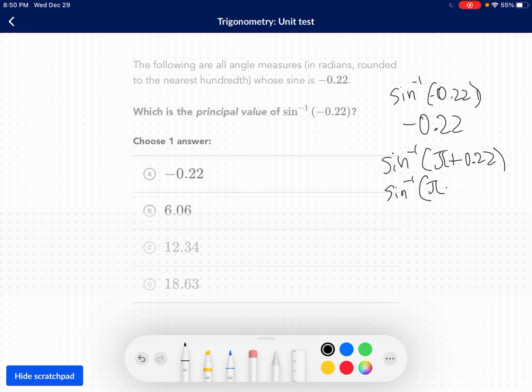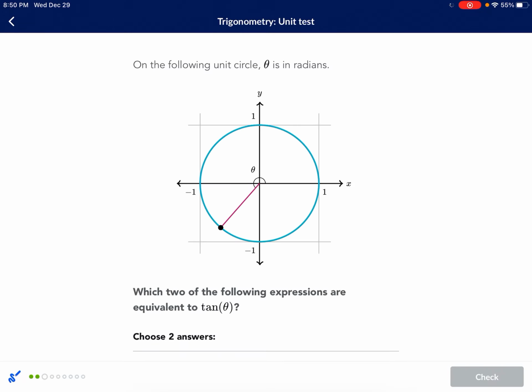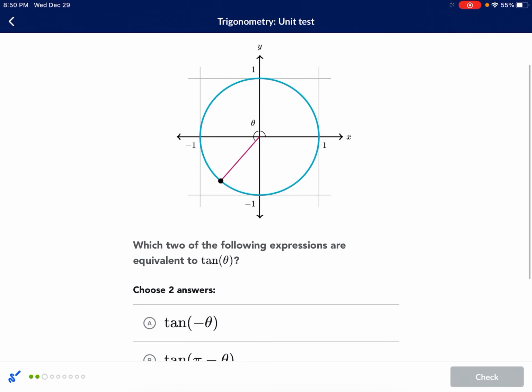Sine 1, pi minus negative 0.22, right? Did I do something wrong? I don't think that's important because I think I already got the answer. Yeah, I think it's just negative 0.22.